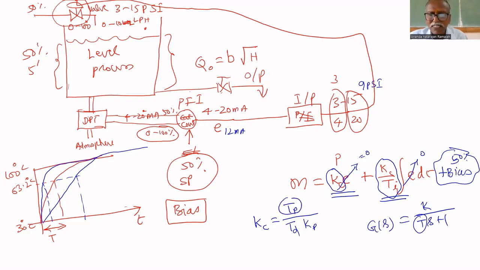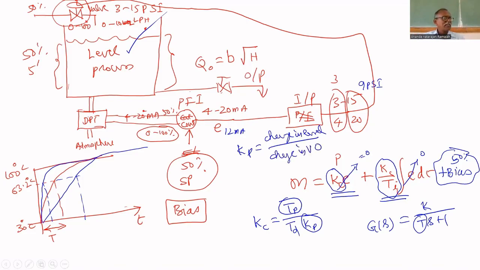So this Tp is the time constant of this level process. This Kp is the gain. If I open 50%, what is the level inside? If I open 100%, if I change the valve opening by 5%, what is the change in level? That is called Kp. Kp equals the change in level divided by the change in valve opening.